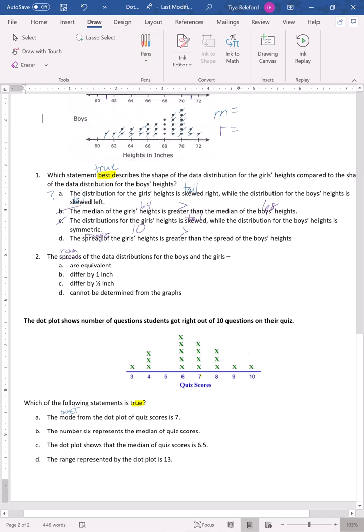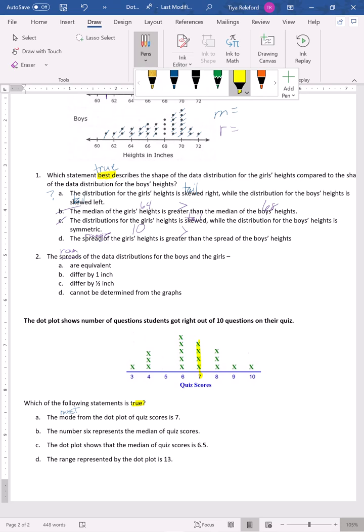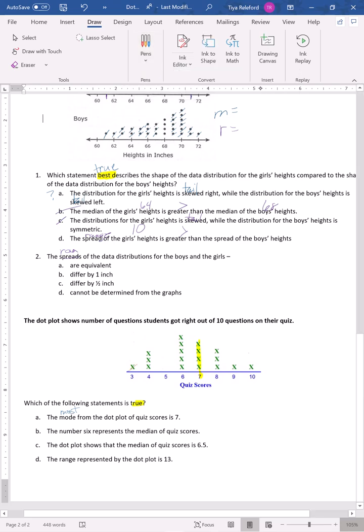Does 7 have the most dots on it? Nope, 6 does. Letter B says the number 6 represents the median of quiz scores. It's where you cross it off top and bottom to find the middle.